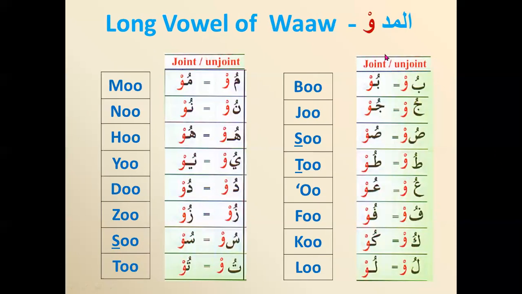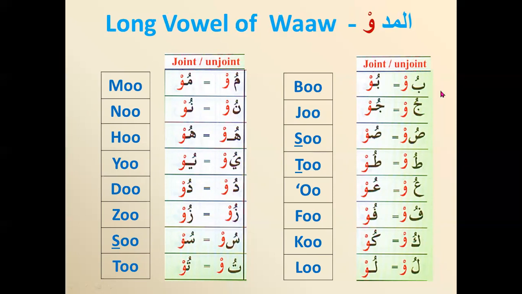Okay, let's move now to the mad bil waw. So you see the waw, it has a sukun. The same examples, we have the ba, damma, waw, sukun. The ba has the vowel of damma plus waw, sukun, which is the mad, equals bu.